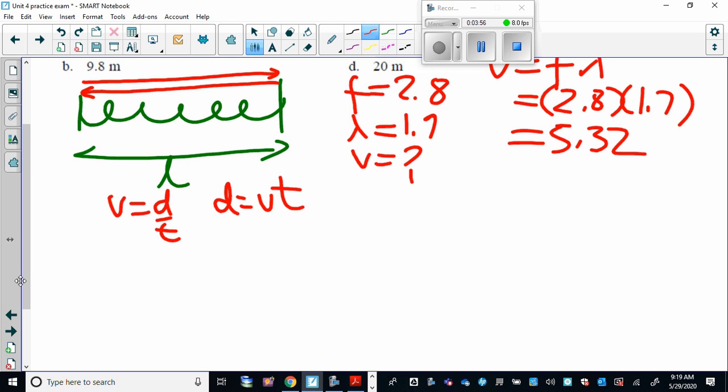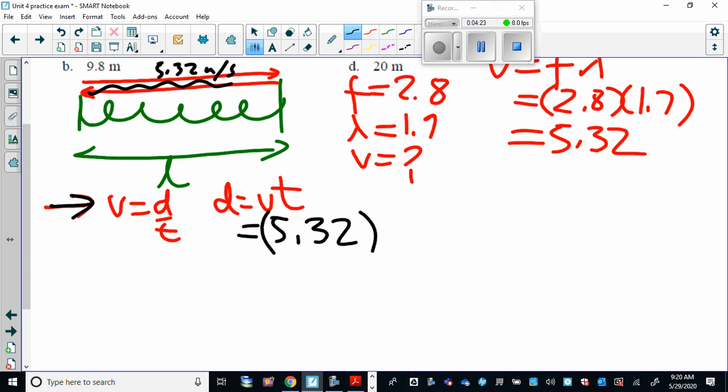And now I'm going to go to this part right here and calculate the distance that it travels. But you have to think about this carefully. So that's the velocity of the wave. As the pulse travels, it is going at 5.32 meters per second.